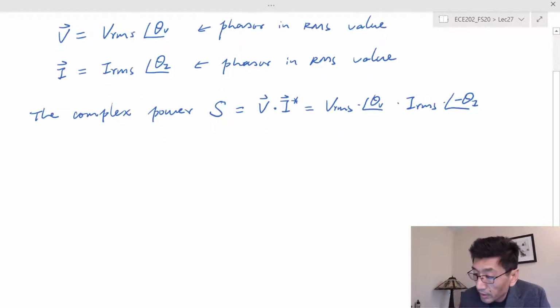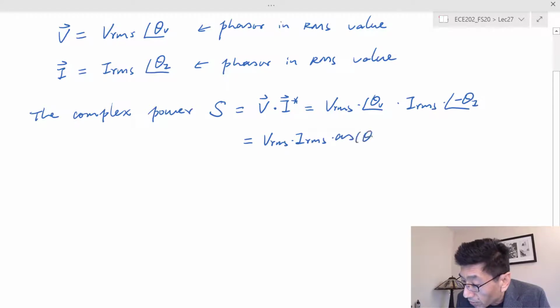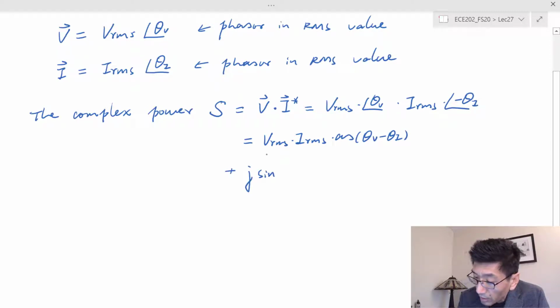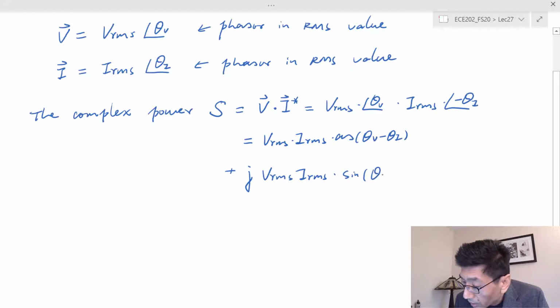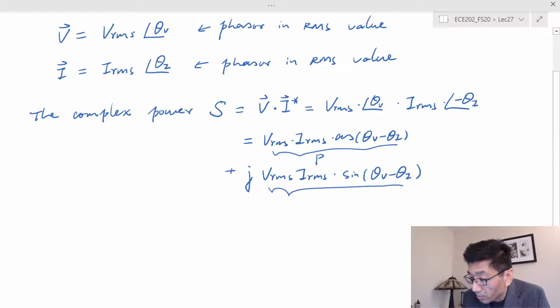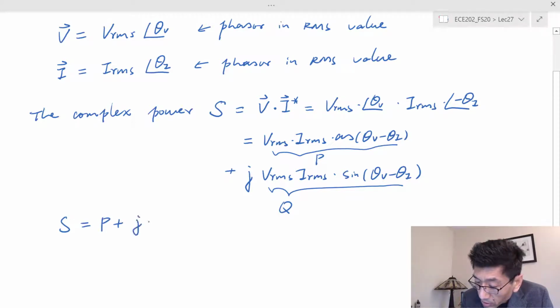Therefore, based on Euler's identity, we have V RMS times I RMS times cosine of theta V minus theta I, plus j V RMS I RMS times sine of theta V minus theta I. This quantity here is P, and this is Q. So S is equal to P plus jQ.